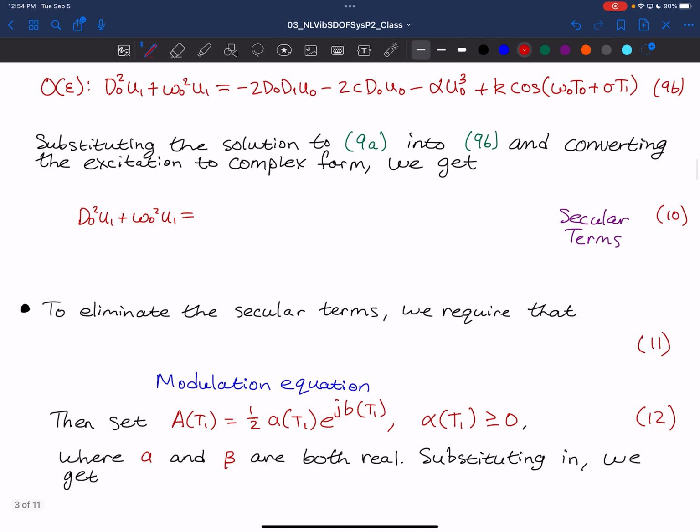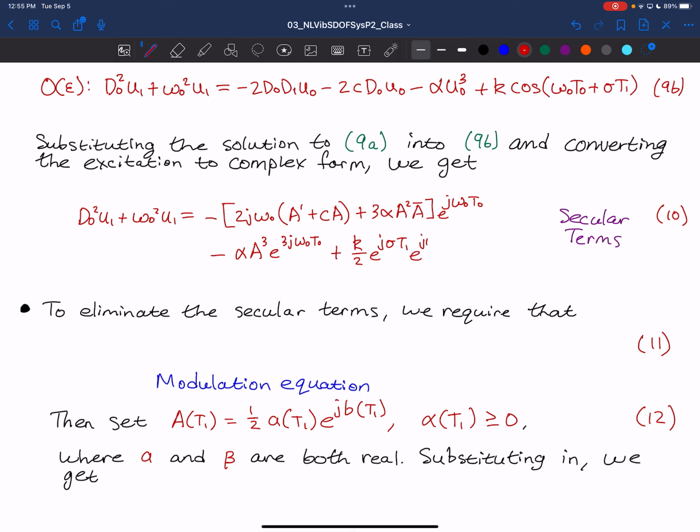What we'll end up with is minus the quantity 2j omega 0 times the quantity A prime plus cA, plus 3 alpha A squared A bar, the bar being the complex conjugate of A, and close the square bracket, multiplied by e to the j omega 0 T0, and then minus, that should be an alpha, I believe, alpha A cubed e to the 3j omega 0 T0, plus k over 2 e to the j sigma T1 times e to the j omega 0 T0.